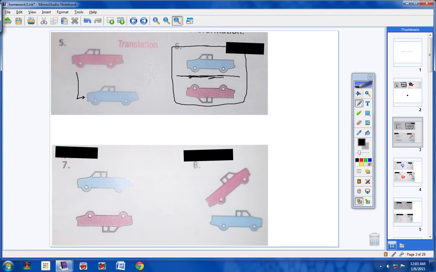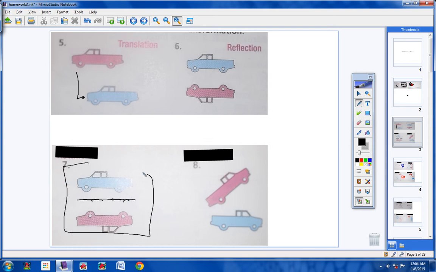Sure it would. So we call that a rotation, or excuse me, a reflection. A reflection, okay? Now number 7, when I first glanced at it, I thought it was a reflection, but it dawned on me, if I were to pretend that these two images were on a sheet of paper and fold the sheet of paper right here, this image here would not fall directly on top of this image here. You can tell it just wouldn't.